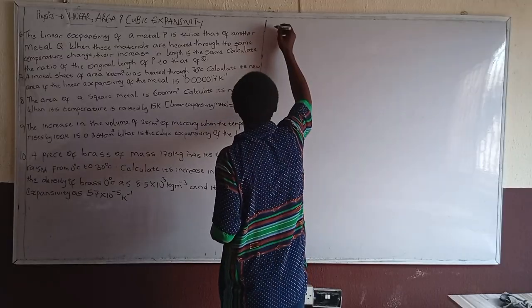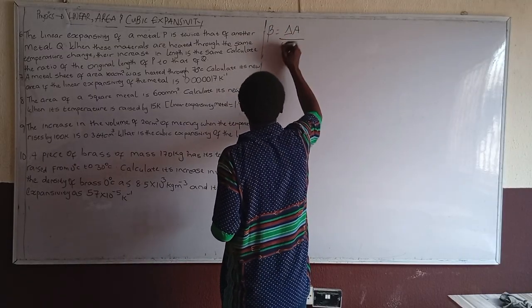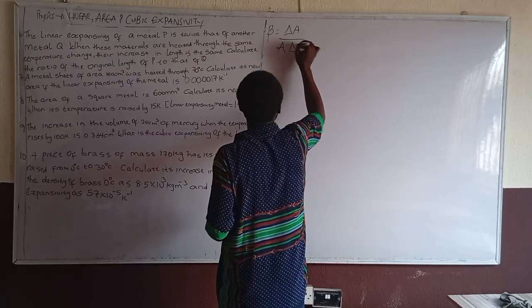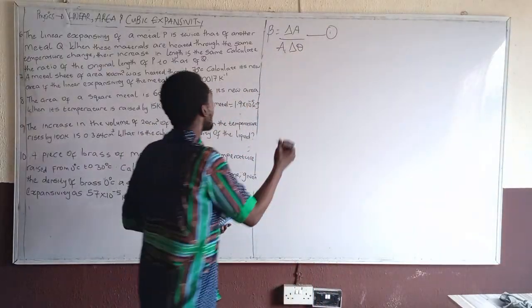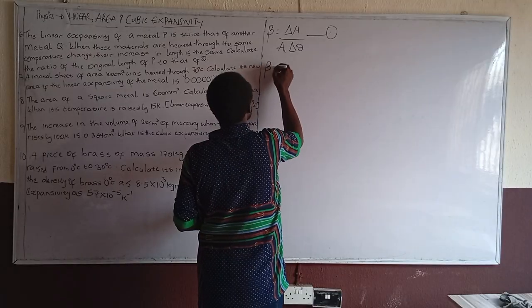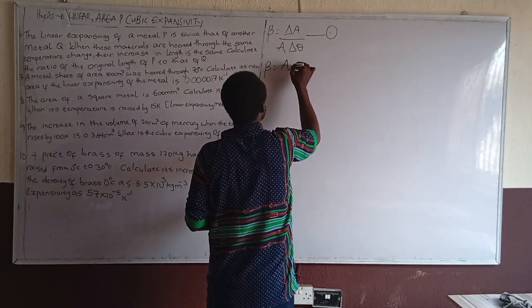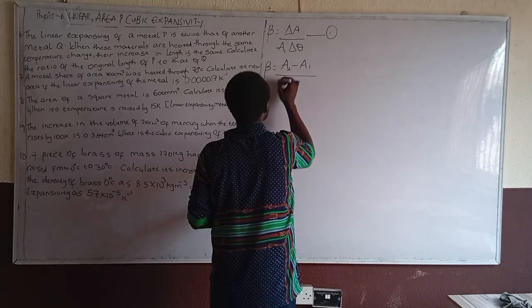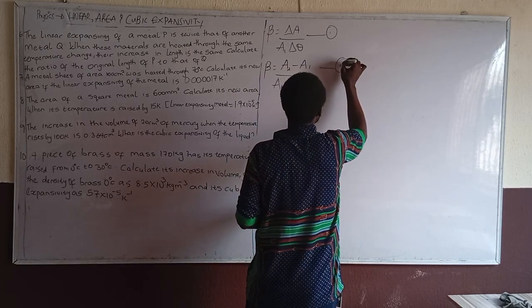So here I'll say area expansivity is change in area over A1 delta theta. I'll call this equation 1. I also have beta equals change in area, which is final area minus initial area, over A1 delta theta. I'll call this equation 2.